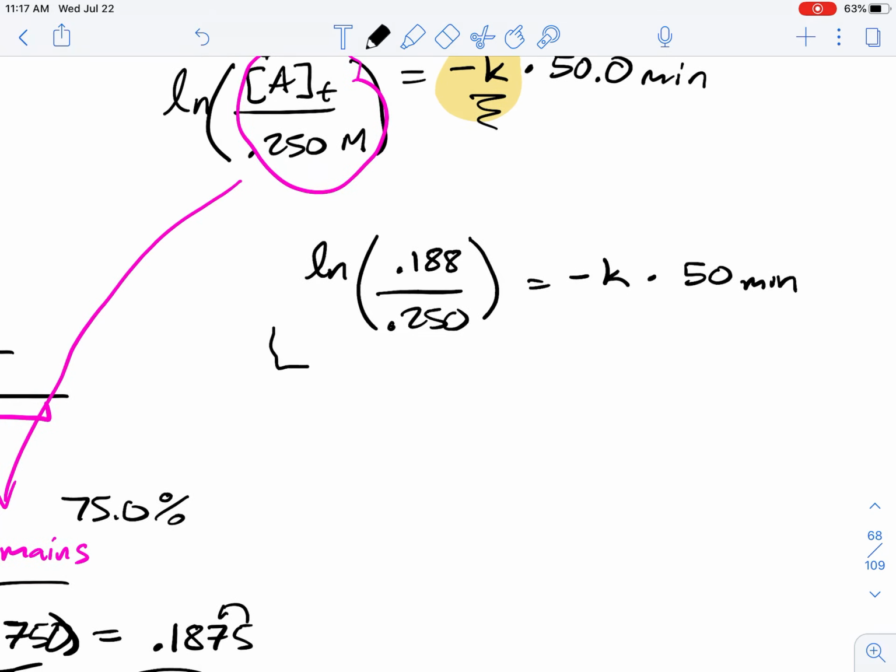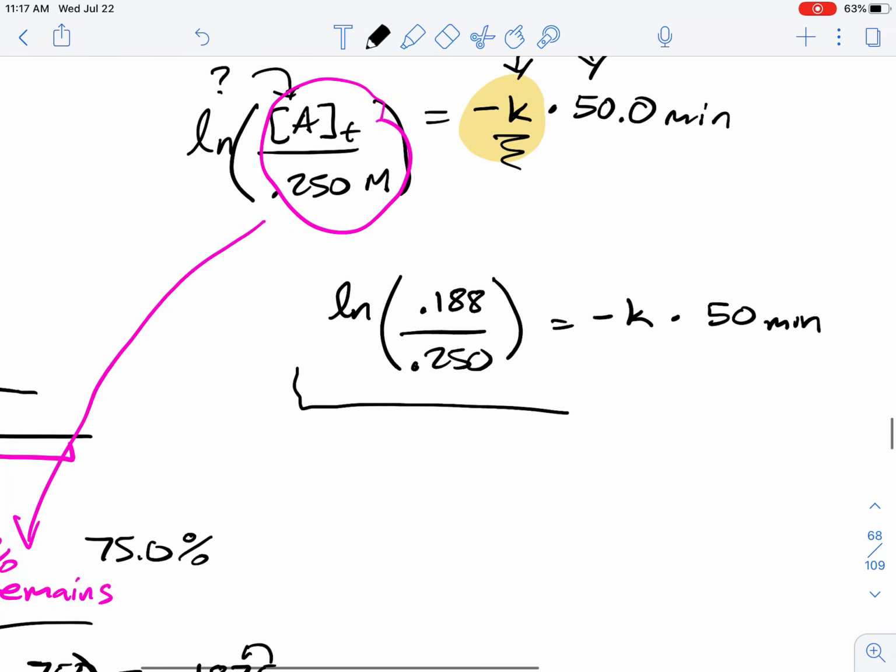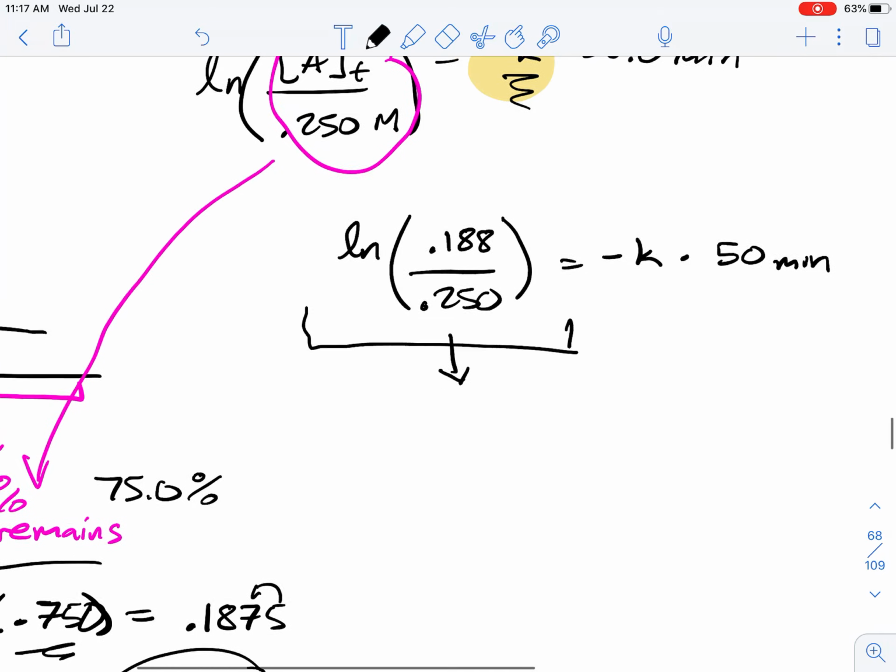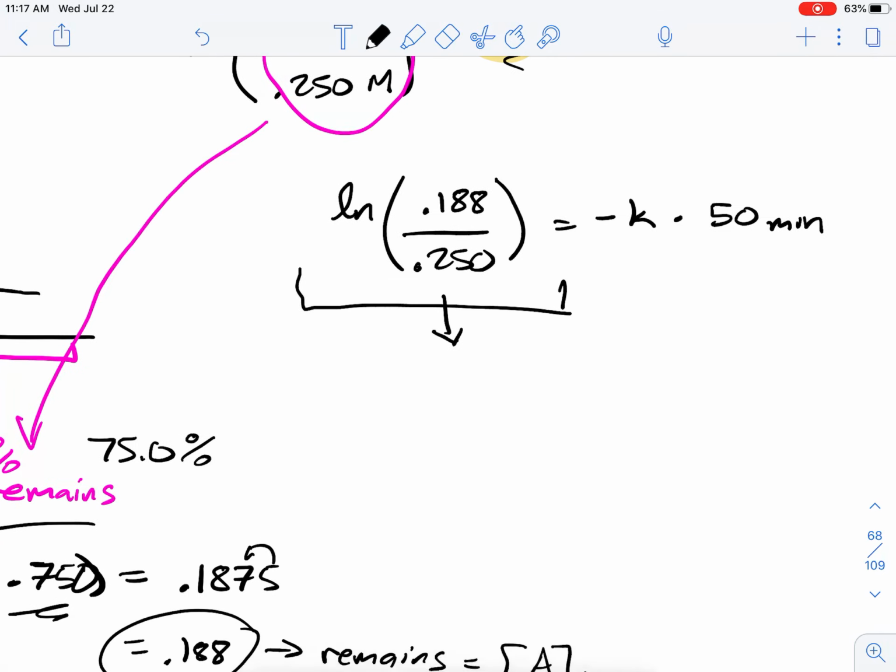I can go ahead and divide these two. So let me plug this into my calculator. 0.188 divided by 0.250, and then I'm going to take the natural log.